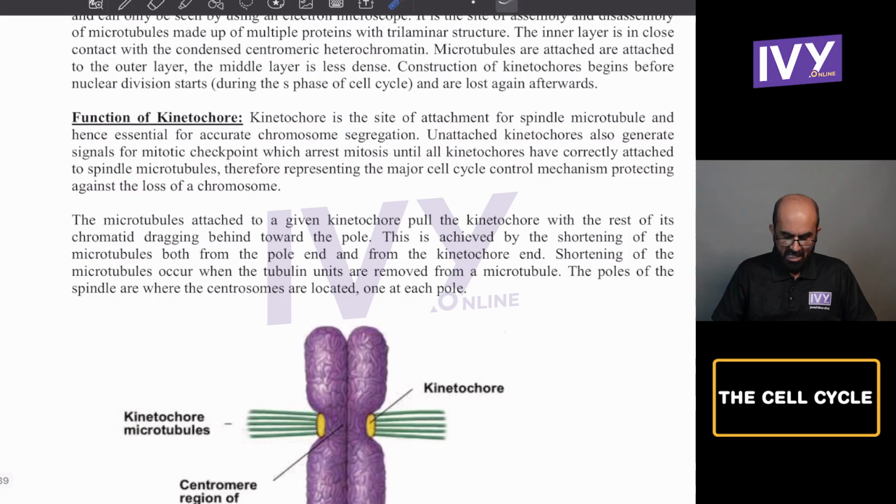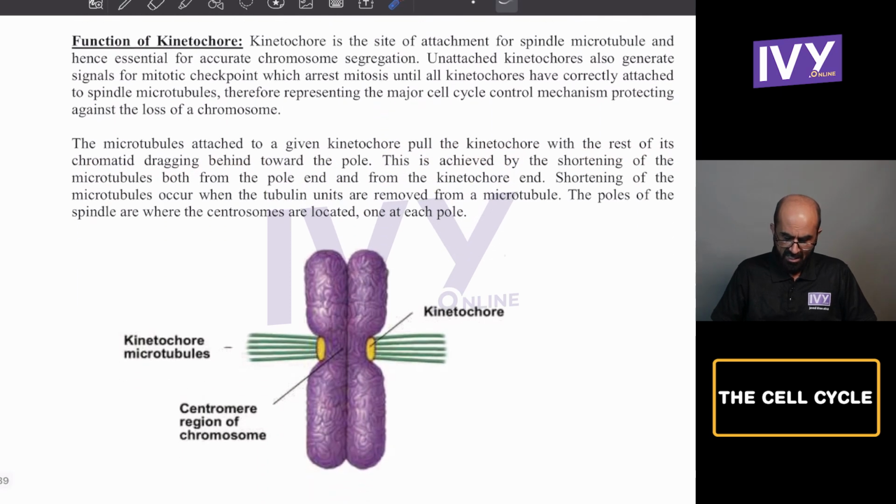The microtubule attached to a given kinetochore pulls the kinetochore, with the rest of its chromatid dragging behind. It means it just drags out the entire chromatid along with this kinetochore. So that area will be splitting, and this chromosome will be pulled away, and along with the kinetochore, the other will be pulled away from here, and the two chromatids will be separated from one another.